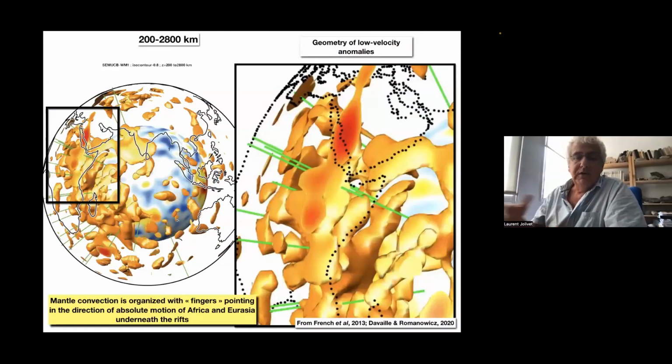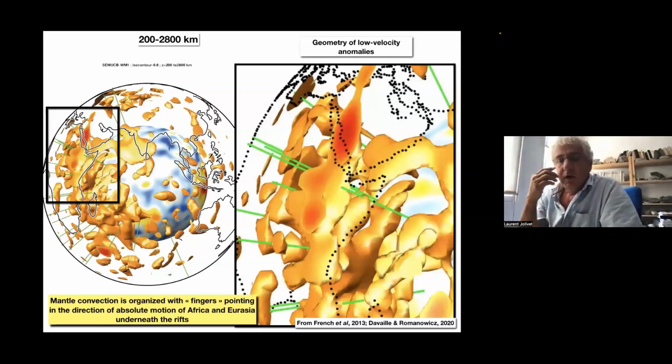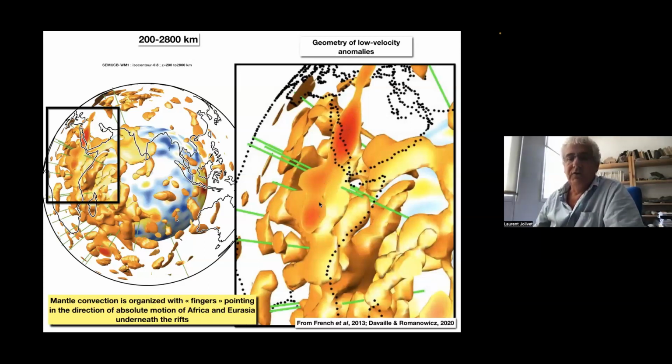Now, if we look at the structure of the mantle, and this is the S-wave model from French and others in 2013 and republished recently by Davai and Romanovich in 2020, we see that the mantle convection is organized with fingers pointing in the direction of absolute motion of Africa and Eurasia, and you see these fingers here below it's very clear below the East African rift, and we have several levels of these fingers, and we also have some below West Africa.